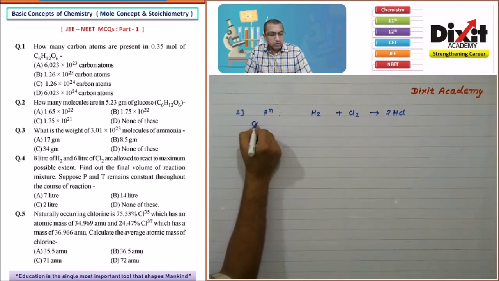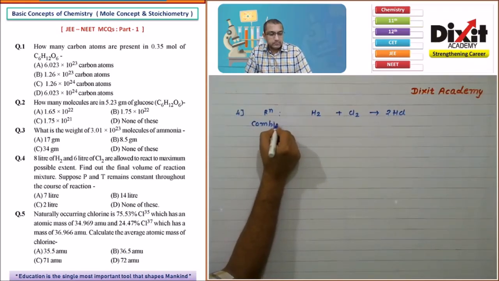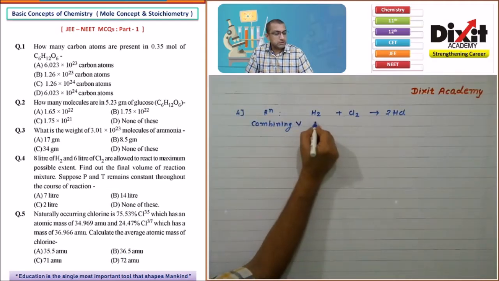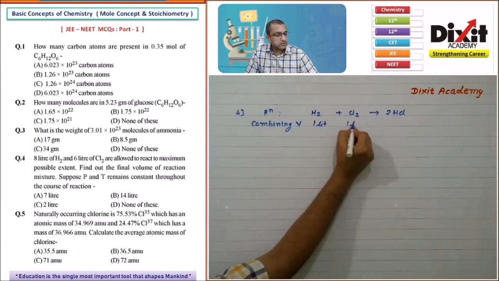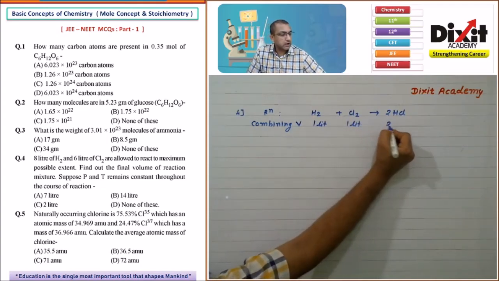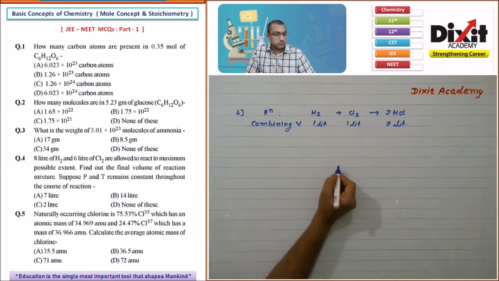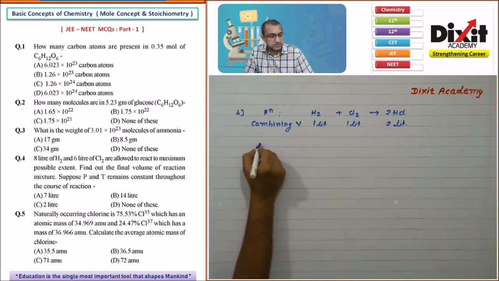Now combining volume. So according to this equation, 1 liter of hydrogen combines with 1 liter of chlorine, it will form 2 liters of hydrogen chloride, so that no one will act as an excess reagent and no one will act as a limiting reagent.